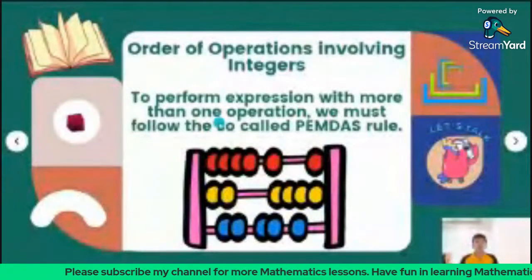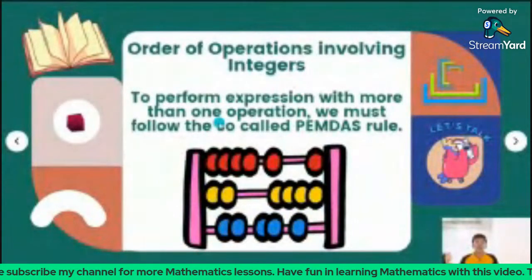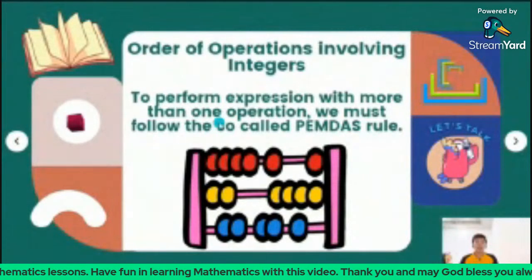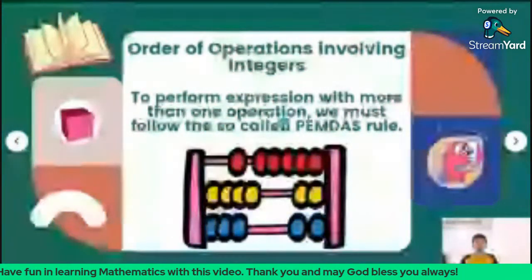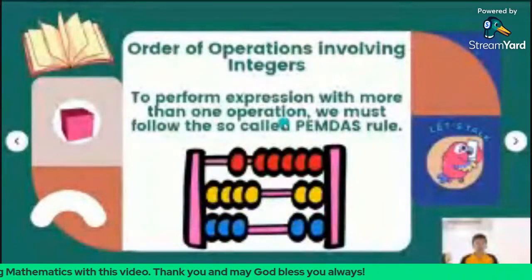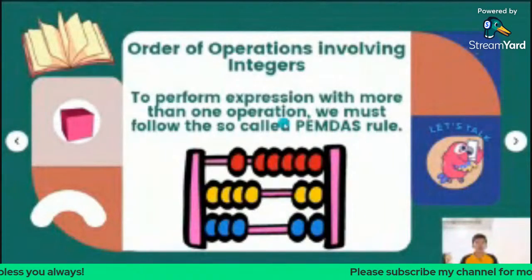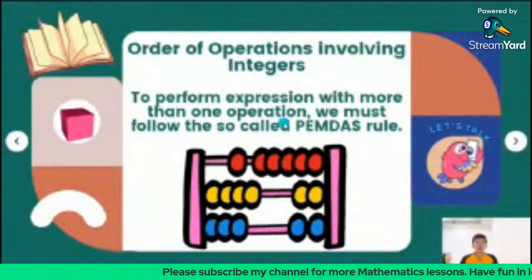In this expression, we can see that 10 raised to the power of 2 is one of the terms that has an exponent. And also, we have 15 plus negative 9. So these two must be executed first.